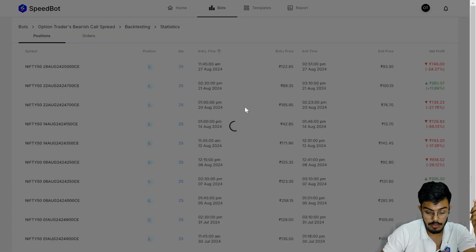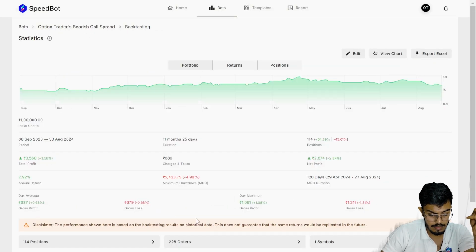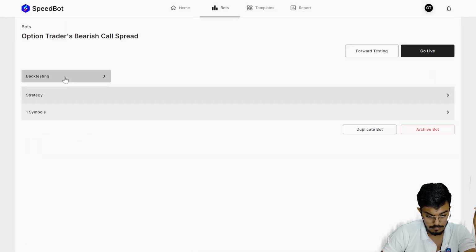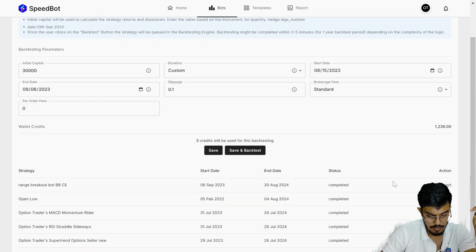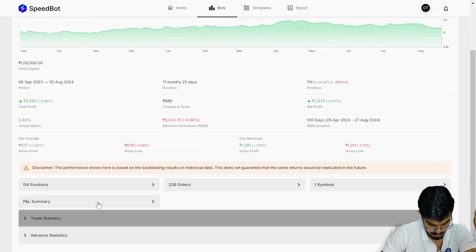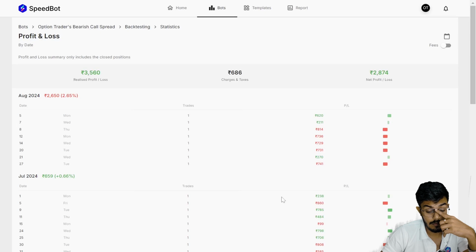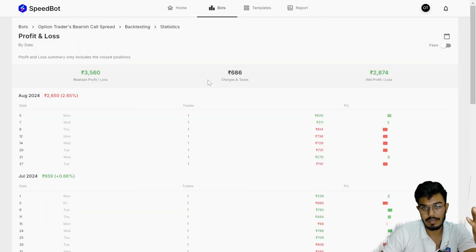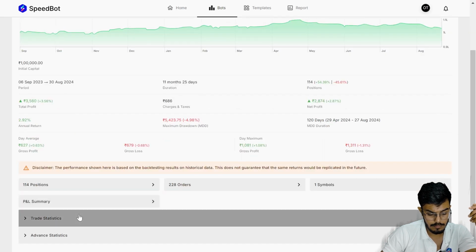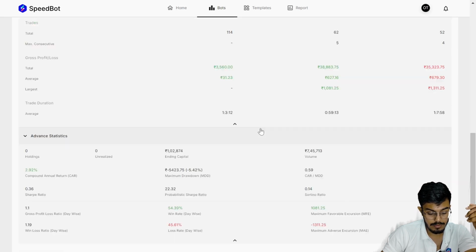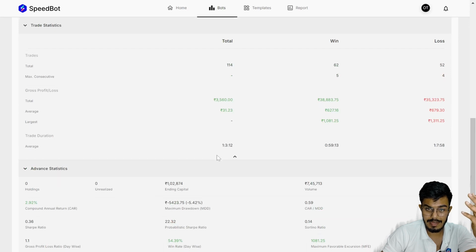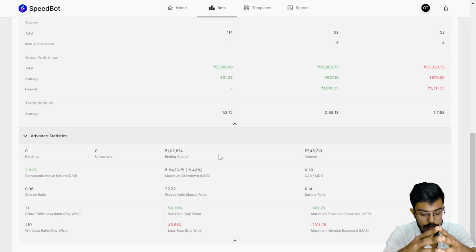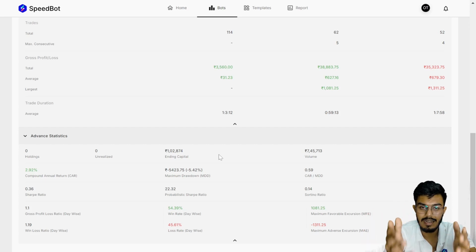You'll be able to see the positions and other statistics. Apart from that, you can see the PL summary, that is how the bot has performed historically for all the days that it has run. Apart from that, you'll be able to see other statistics, the winning and loss making trades, and the Sharpe ratio and Calmar ratio. So all these things you'll be able to get under a single algo platform.